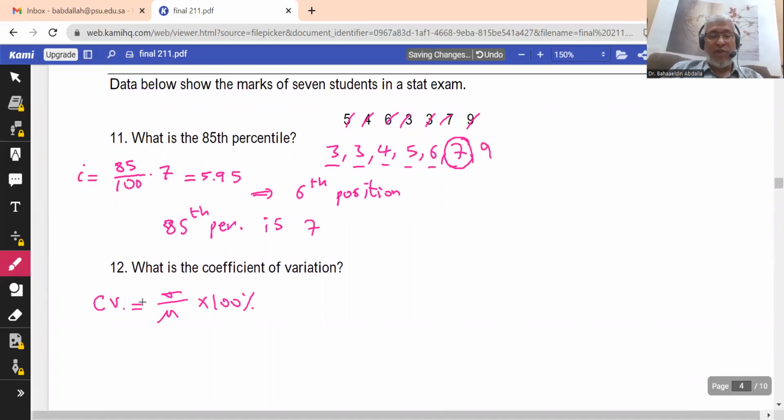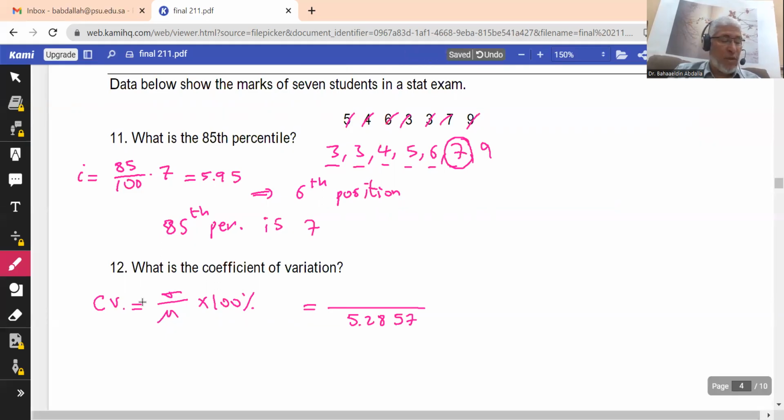So you can put these numbers in the calculator, stat mode, number 1, and put the numbers 3, 3, 4, 5, 6, 7, 9. Then press shift 1, number 4 variance. Press 2, this will give you x bar. X bar is 5.2857.